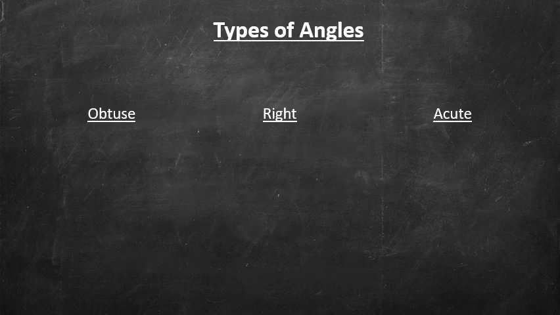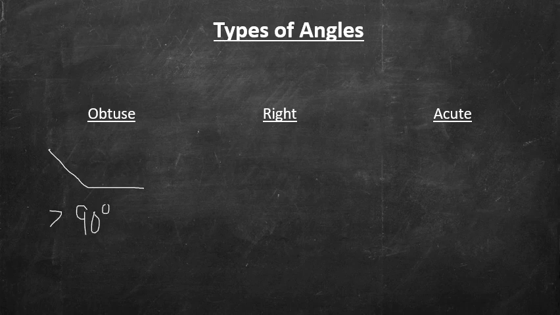Okay, so let's look at types of angles. We'll start with an obtuse angle. Obtuse angles are wide angles, okay? They look like this. They're wide angles. They measure more than 90 degrees, okay? So these are greater than 90 degrees.